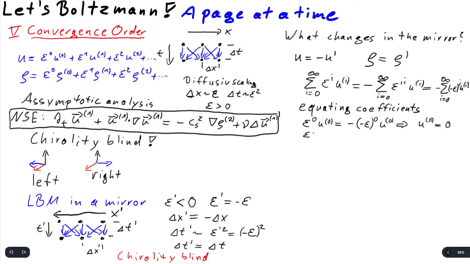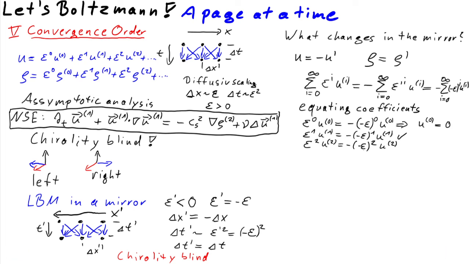At the next order, epsilon to the power 1, we have u of the first order is minus epsilon to the power of 1, u first order. So these two minuses cancel each other, so this is obviously true. And at the next order, which is actually the interesting part, epsilon square, u to the second order is equal to minus epsilon to the second order, u square.